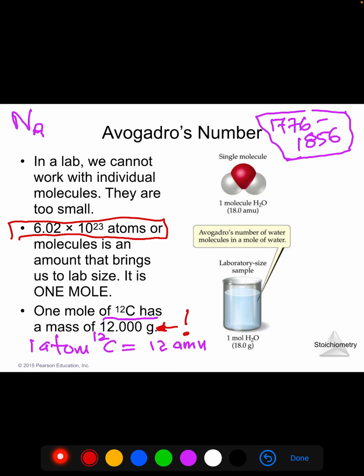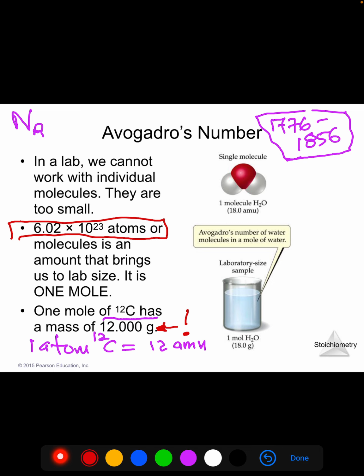Okay? So carbon, 6.02 times 10 to the 23rd atoms of carbon, if you look at the mass number, forget atomic mass units, that's how many grams that many atoms weighs.